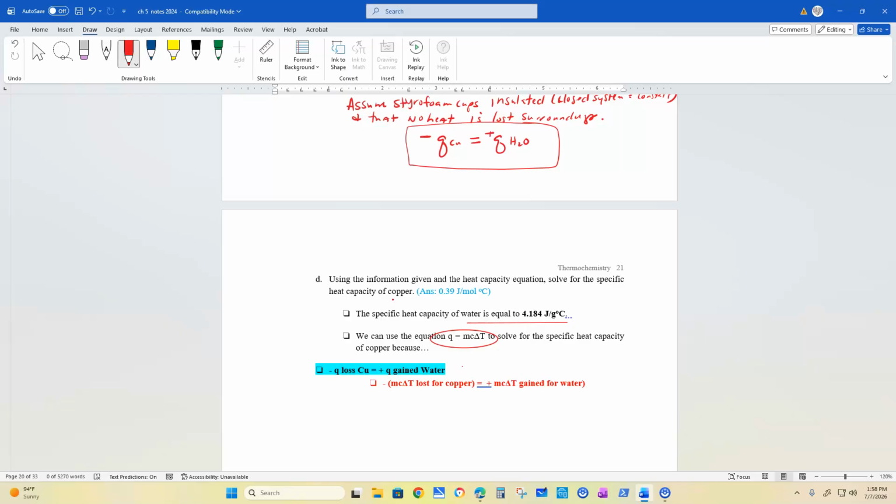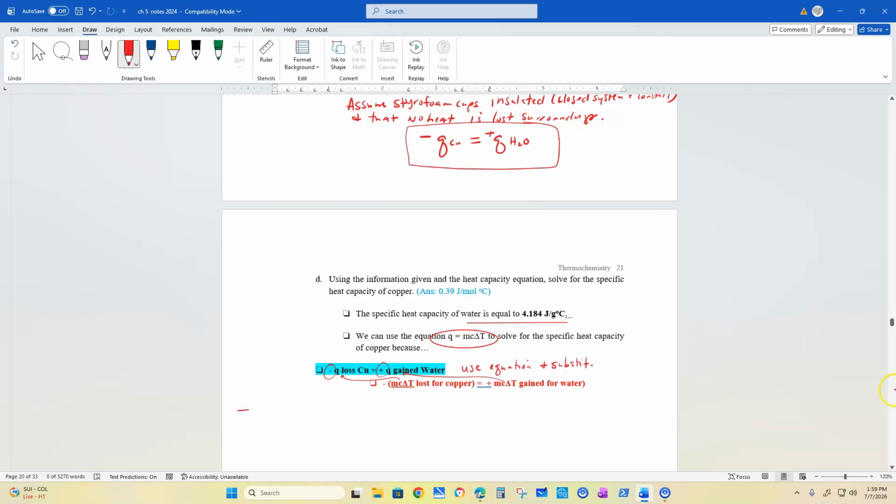So if I use the equation and substitute that Q equals mc delta T, I'm going to get Q right there, and I'm going to insert Q right there for the water. But one is negative and one is positive, okay? So this equation, when we solve for it, it's going to get pretty big.